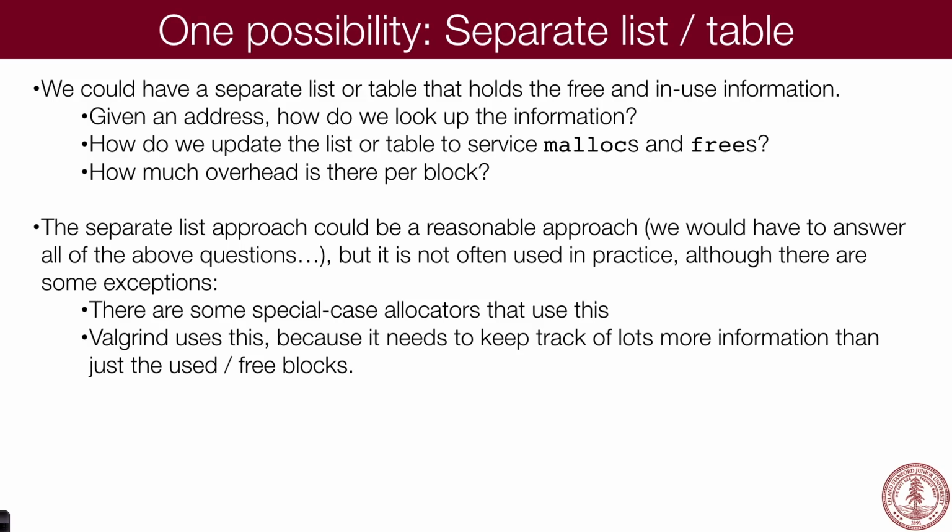So one possibility for keeping track of all this information is for the heap allocator itself to have a separate list or a table. Let's say it was a linked list that holds all of that free and in-use information. So you have a bunch of nodes, and you say, okay, this node is a free block, and it's 196 bytes.